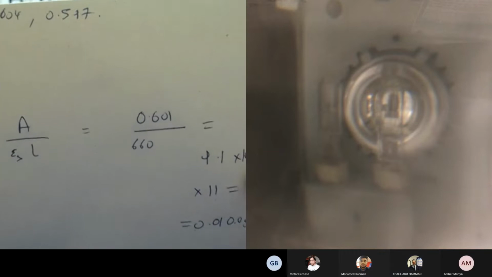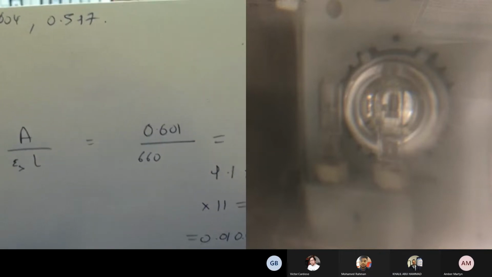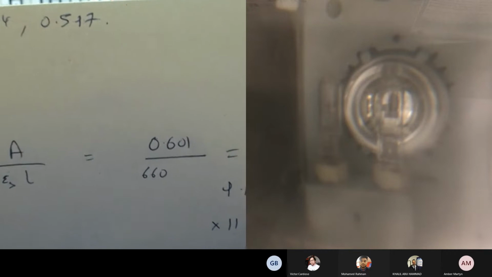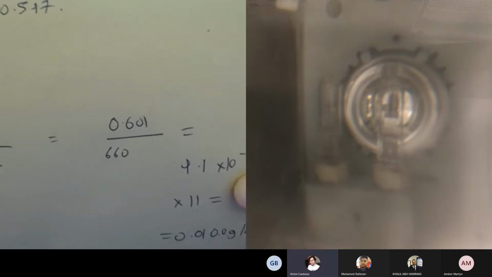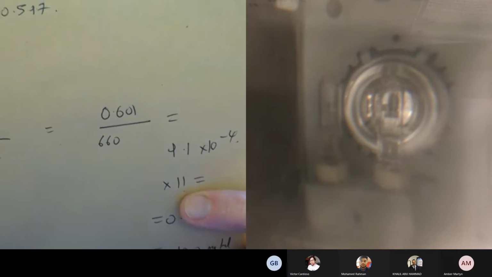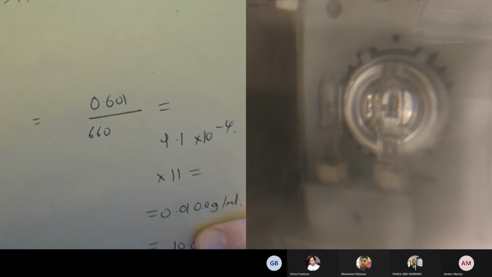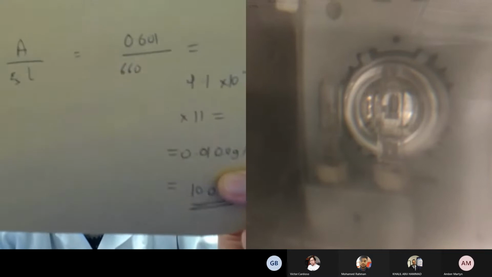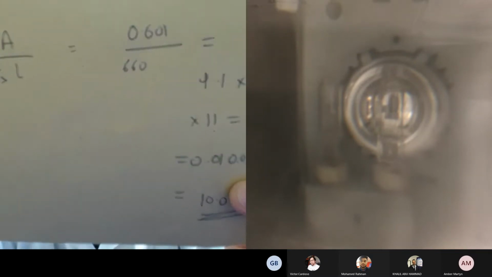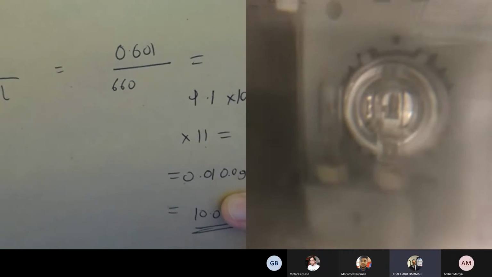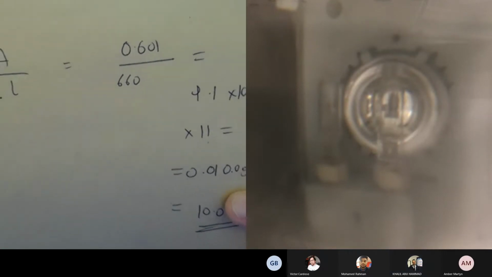But what must we do? That corresponds to the 11 times diluted sample. So what must we do to that number? Multiply by 11. And it comes out to be 0.010 gram per mil, not 0.10, 0.010.